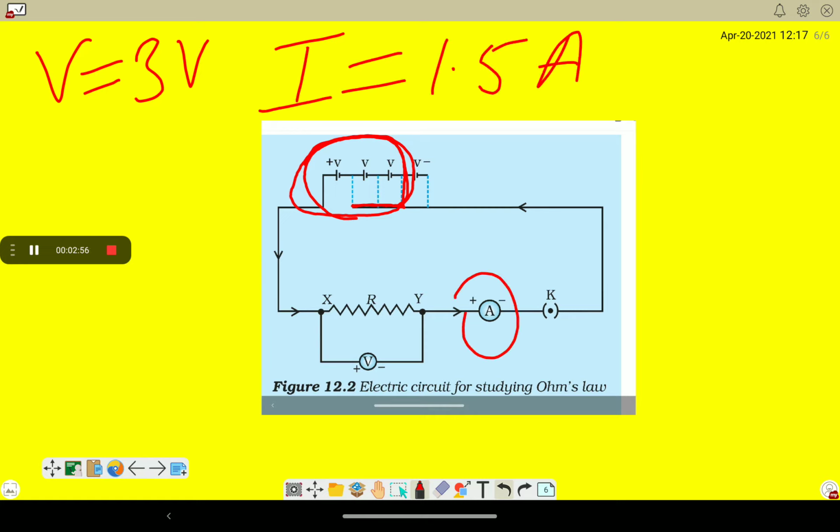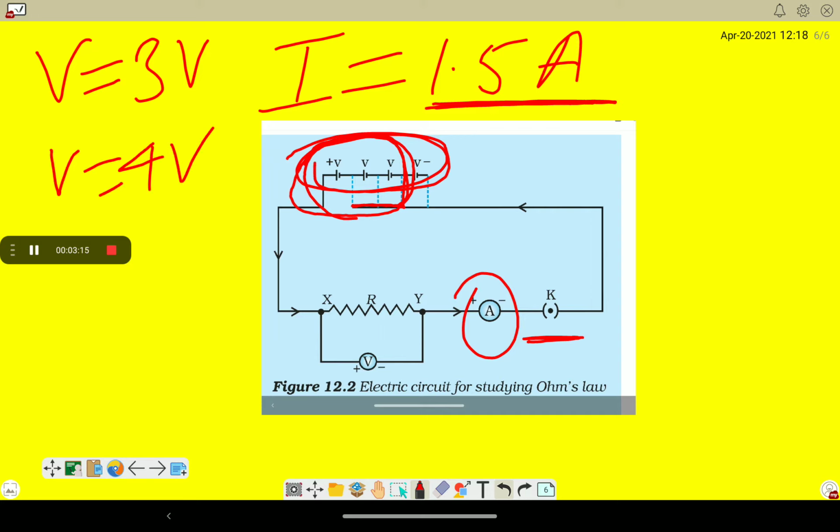In the ammeter, which is used to measure the current, it is coming 1.5 ampere. Okay. And then key is connected to it. In the last one, the 4th cell is connected and the V is 4 volt and the I is coming 2 ampere. So what has been observed?